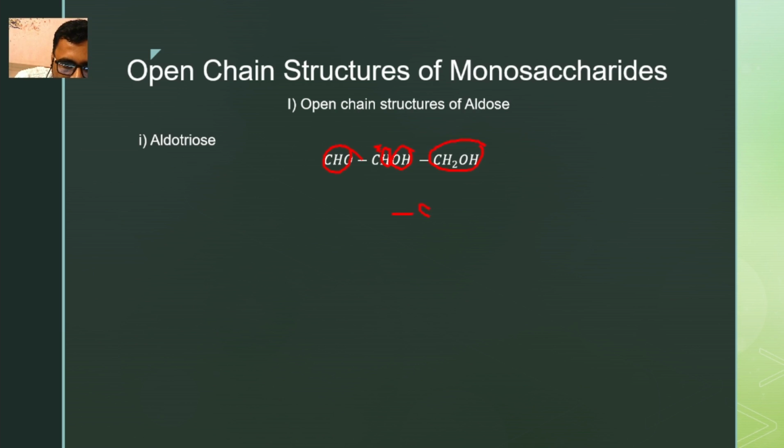So this carbon atom has 4 different groups, and therefore this is the chiral carbon. We can say that this aldotriose has one asymmetric carbon atom or one chiral carbon atom.